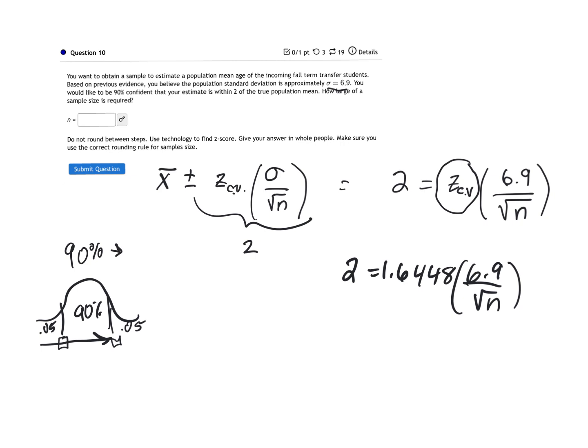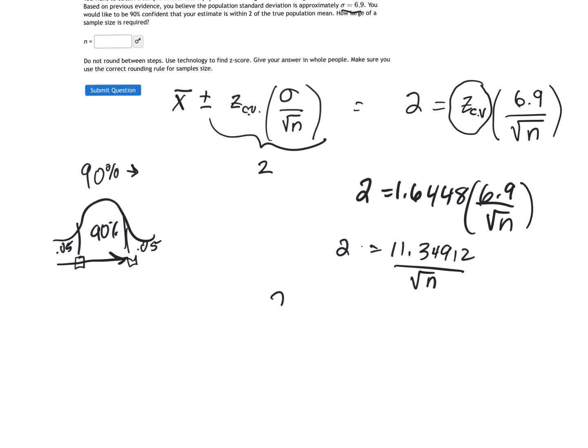And so now I would just need to solve for the square root of n. So 1.6448 times 6.9, and multiply both sides by the square root of n. You can just do a little bit of algebra 1 here.